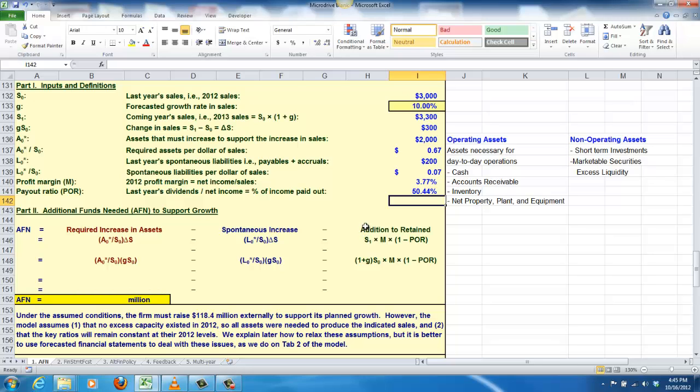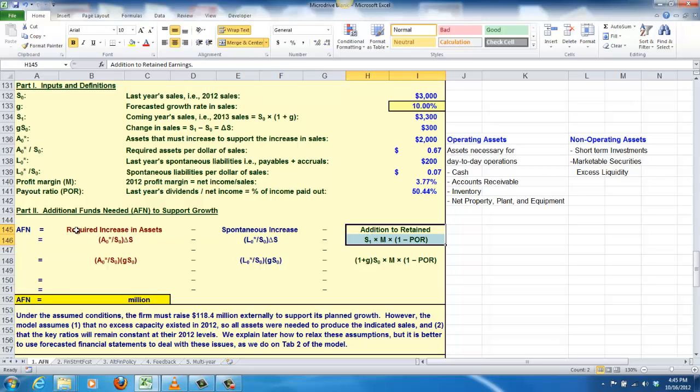So remember in class how we talked about the three ways that companies can finance their sales growth: external financing through stock, external financing through debt, going to a bank or issuing bonds, or internally generated funds. What we see here is that this covers the internally generated funds. So we make money, we retain those earnings, and we reinvest them in the company.